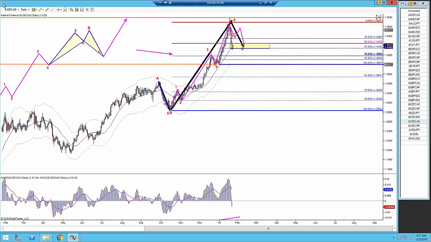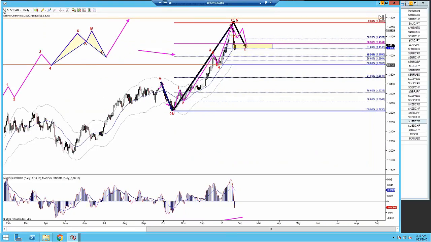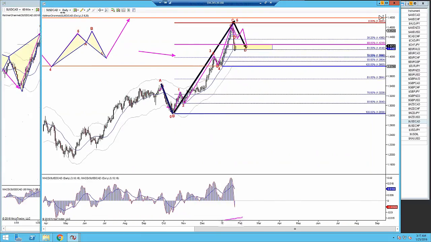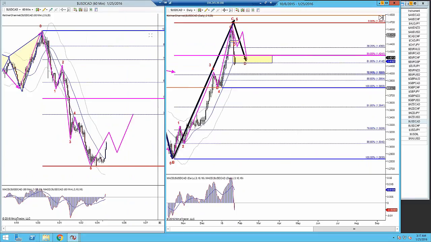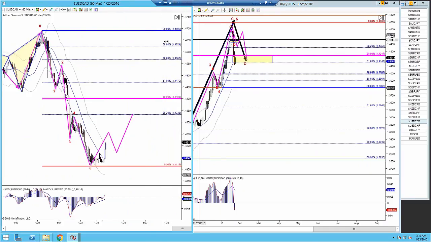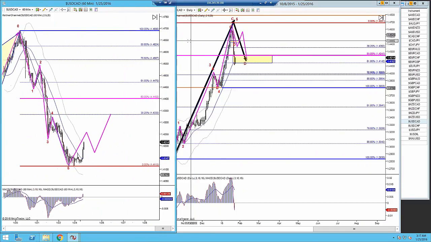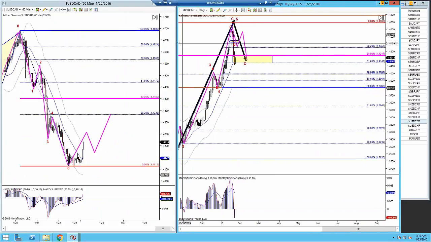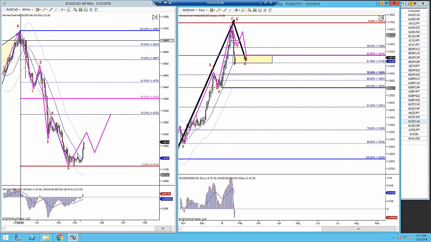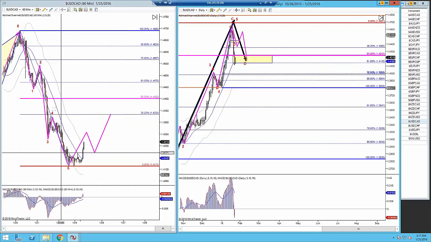However, let's continue and look at what just happened. Okay, I'm bringing you guys all the way back forward. So this wave right down here, this is a daily chart. This here is an hourly chart. This is the same thing, okay?